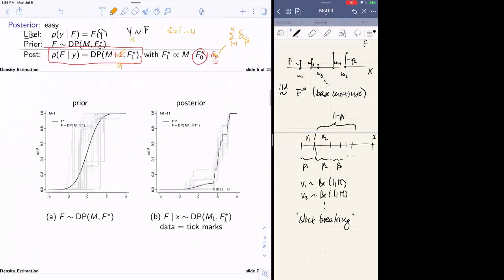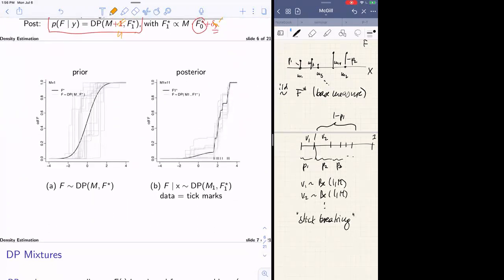On the next slide, I just show you on the left side, these are just draws from the Dirichlet process. So what I want to do is show when I draw f from a Dirichlet process prior with some m. I think my m was 1. And some base measure.